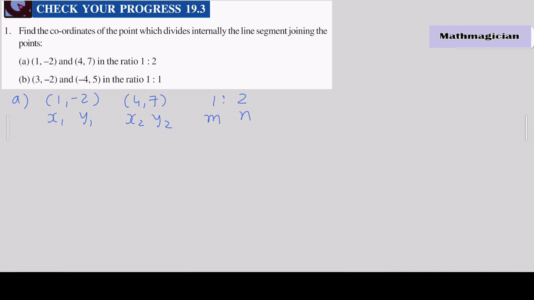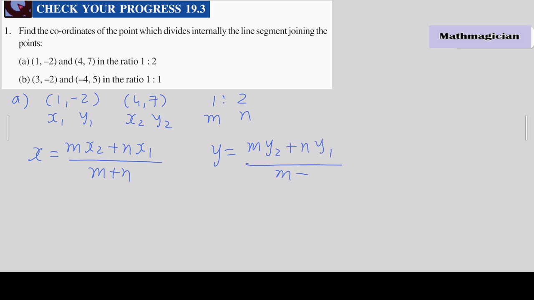Now we write the formula: x is equal to (m x2 plus n x1) upon (m plus n). y is equal to (m y2 plus n y1) upon (m plus n). Let's substitute the values of m, x2 and x1. m is 1.